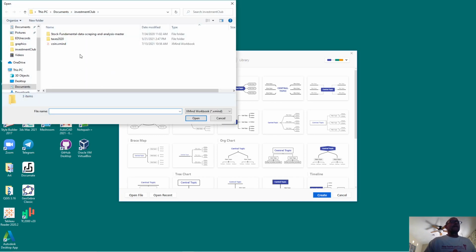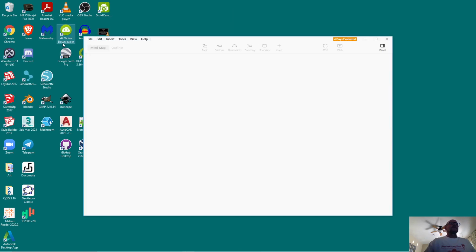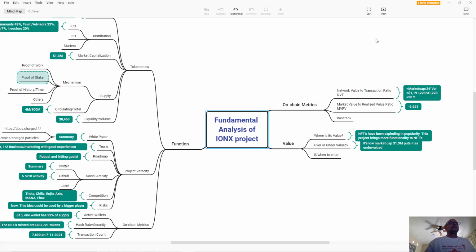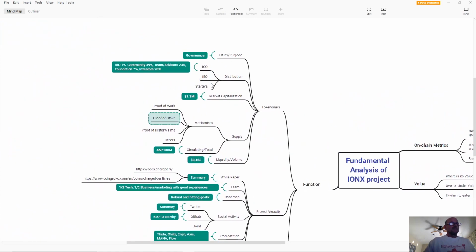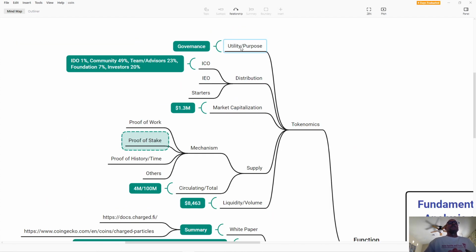In my mind map, I have it finalized. Sort of look at the project and what I've determined from it. So summary time, right? Again, the purpose of the token is governance.